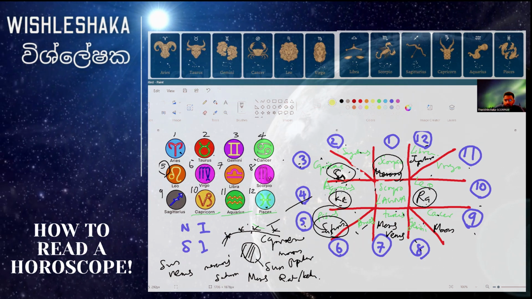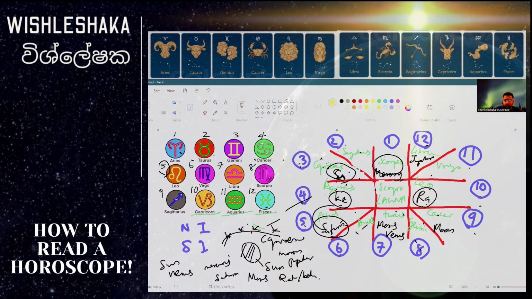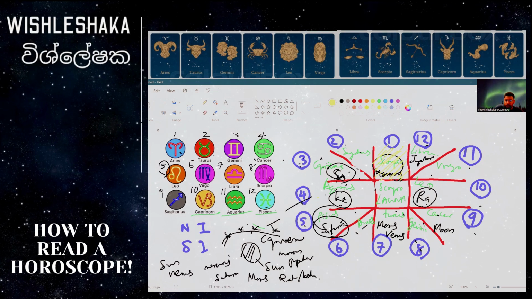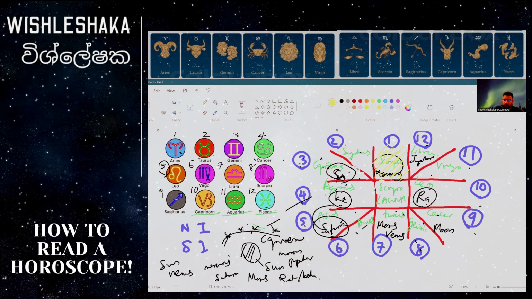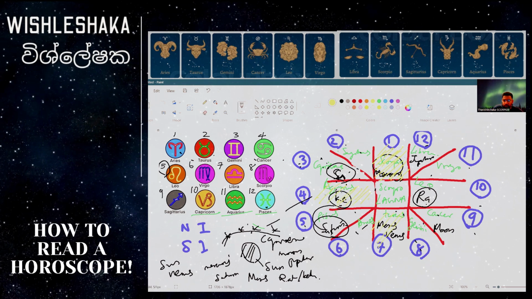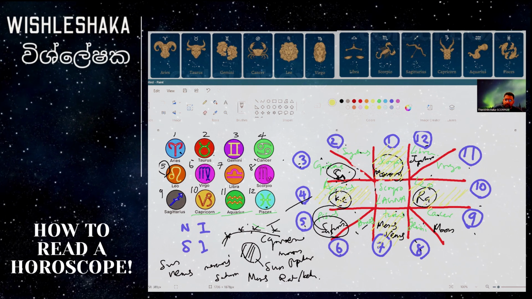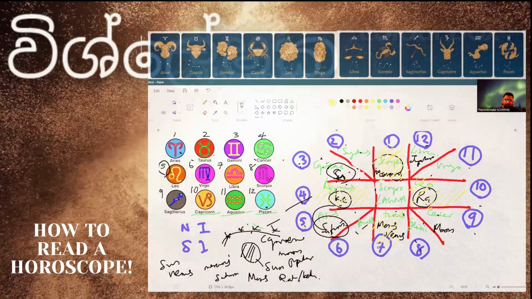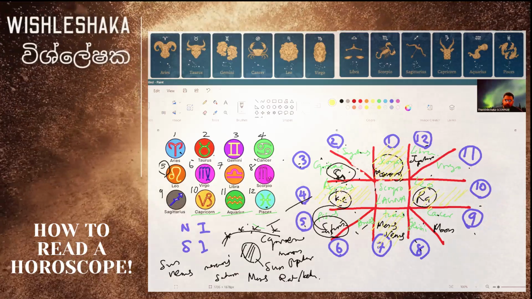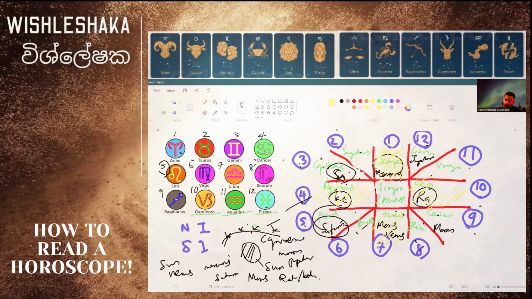Now you see this first house. I am crossing it out. This first house is a Kendra house: first house, fourth house, seventh house, 10th house. These houses are Kendras. What is a Kendra? Kendra means main houses, strong houses.